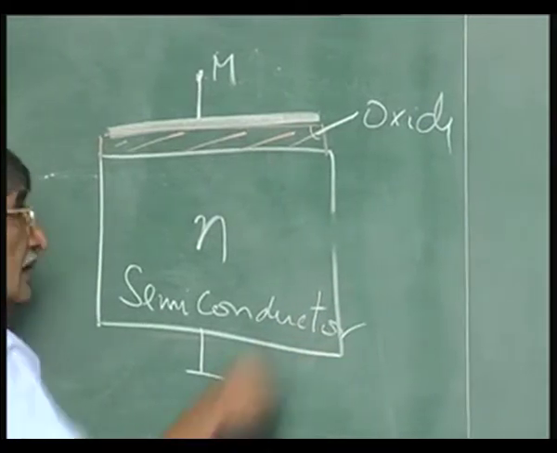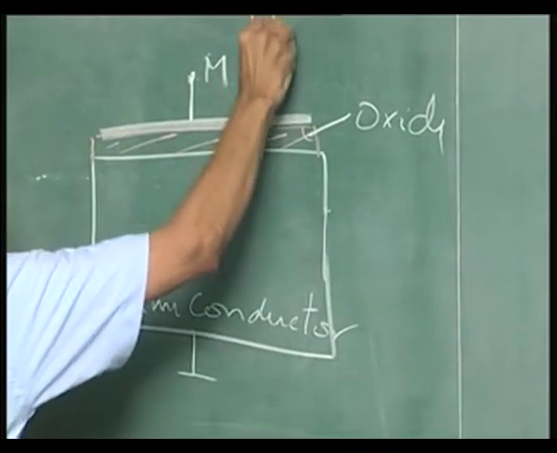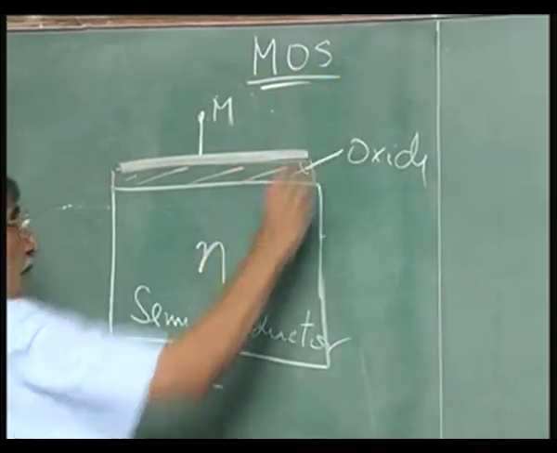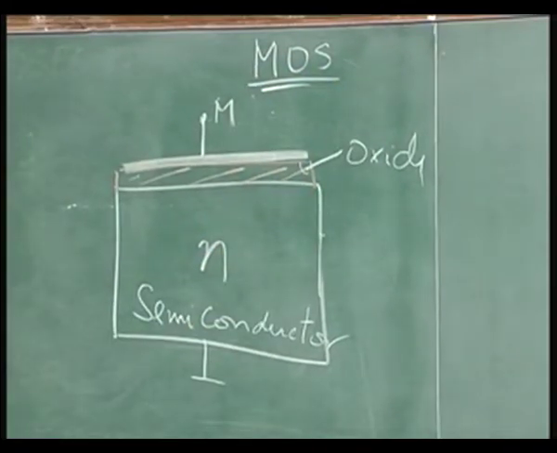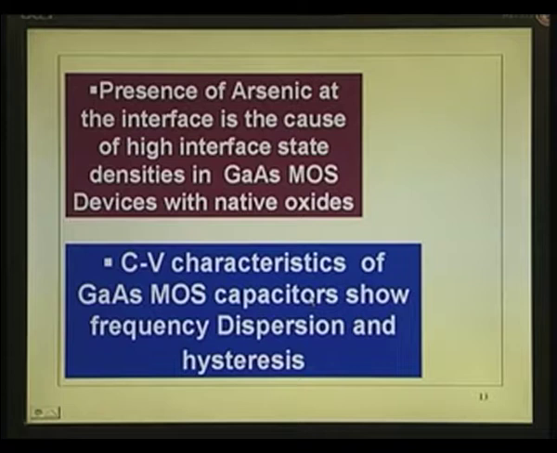So, that is the MOS structure, MOS capacitor. This is the N type substrate.